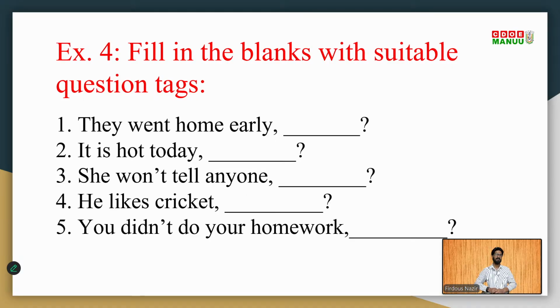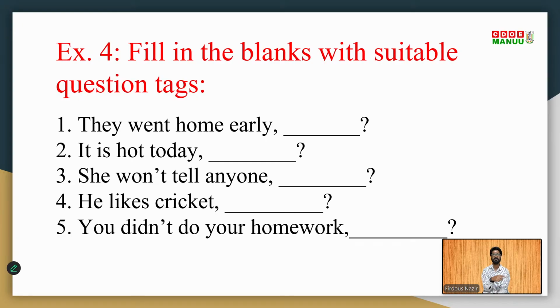Exercise number 4: fill in the blanks with suitable question tags. They went home early. Now we don't have any auxiliary in this statement. How do we decide which auxiliary to use? We have to look at the tense of the main verb. If the main verb is present, V1, then we use do or does, depending upon the person.